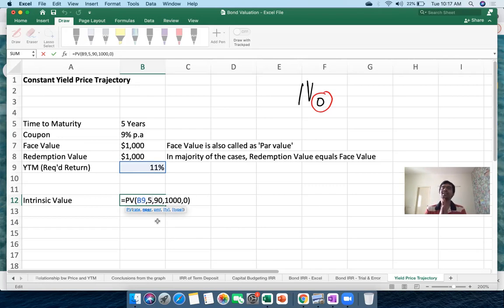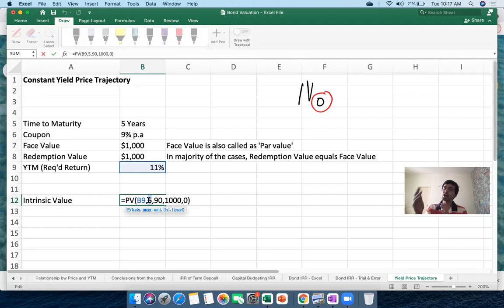Now in constant yield price trajectory, we are assuming that the yield will remain constant, and that is the reason for the first two words, constant yield. What we are going to do is change only the time to maturity. We are going to keep reducing the time to maturity.